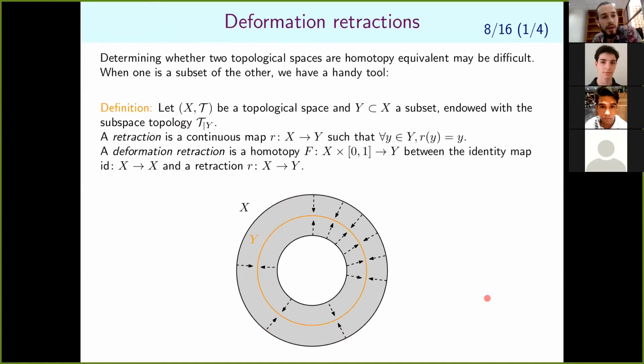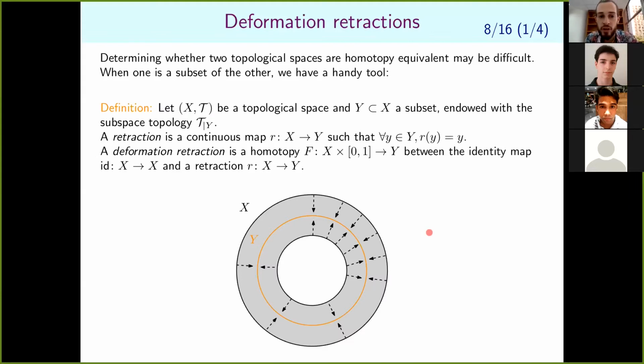And now I define a deformation retraction as a homotopy between the identity map of X and any retraction of X to Y. So for instance, here I define this retraction where you just project points on the inner circle.